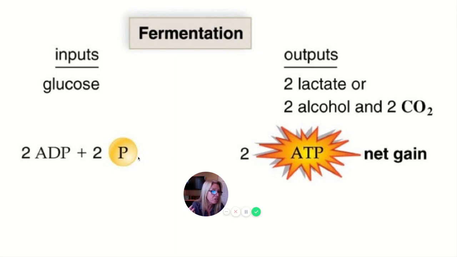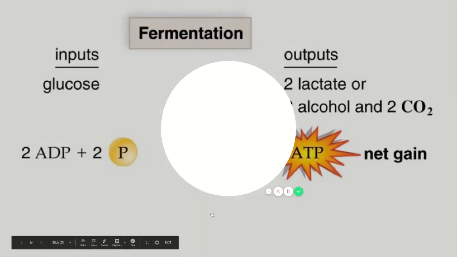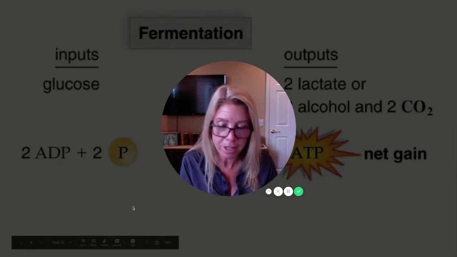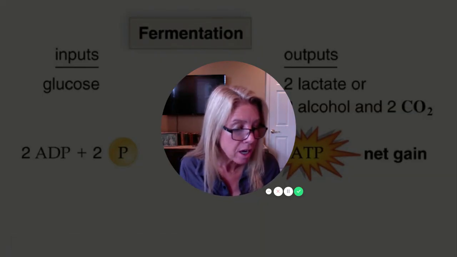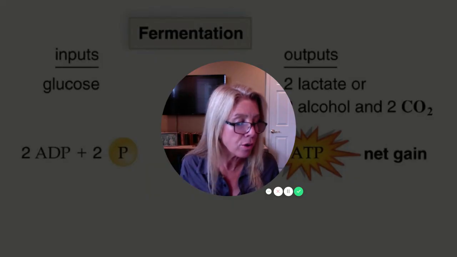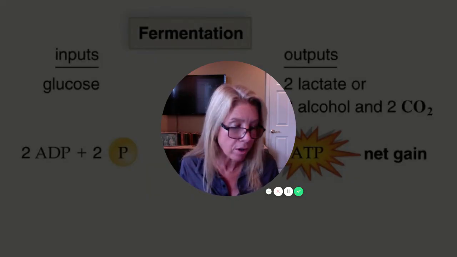Now, the advantages, like I said, it is quick energy, okay? Quick energy. Let me make myself a little bit bigger here to help you finish out the notes on fermentation. And it's used in food production like cheese and yogurt and bread rising and alcohol as well.